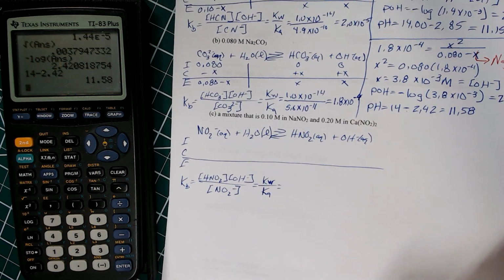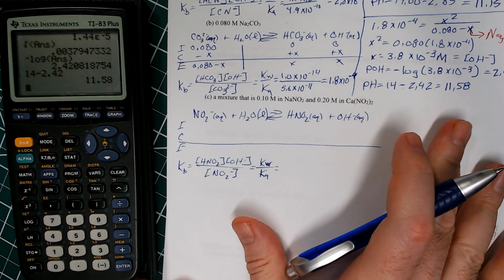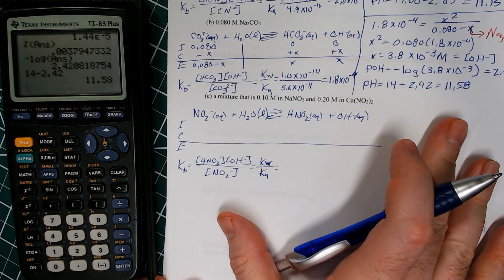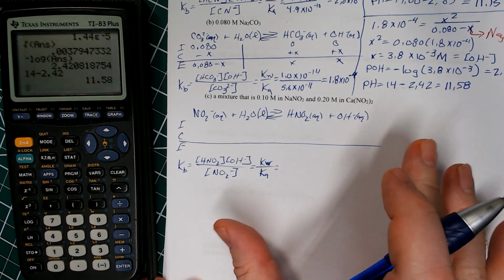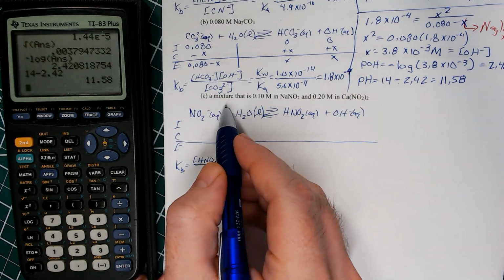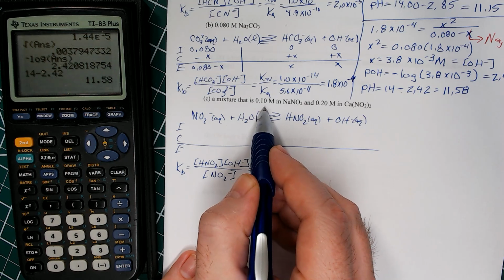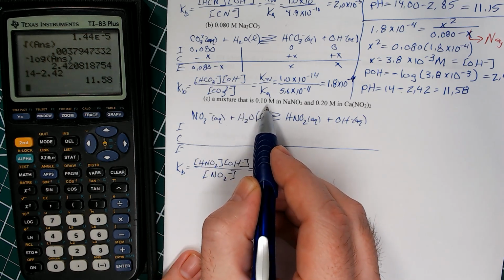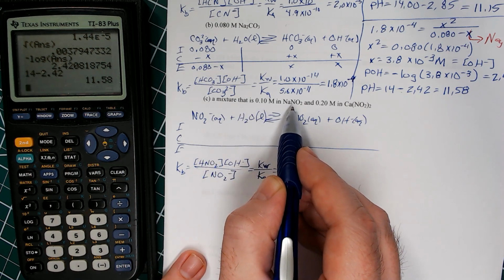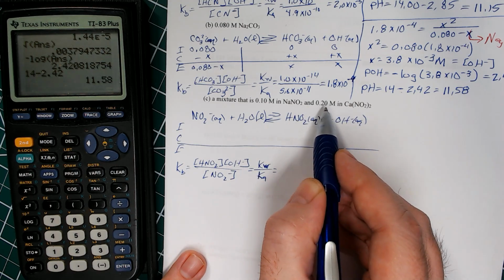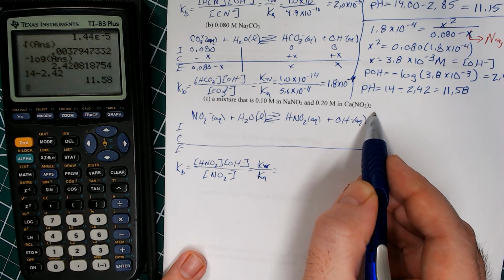All right, so our last problem here is with part C, and you'll see that we've got a mixture that is 0.10 molar in sodium nitrite and 0.20 molar in calcium nitrite.